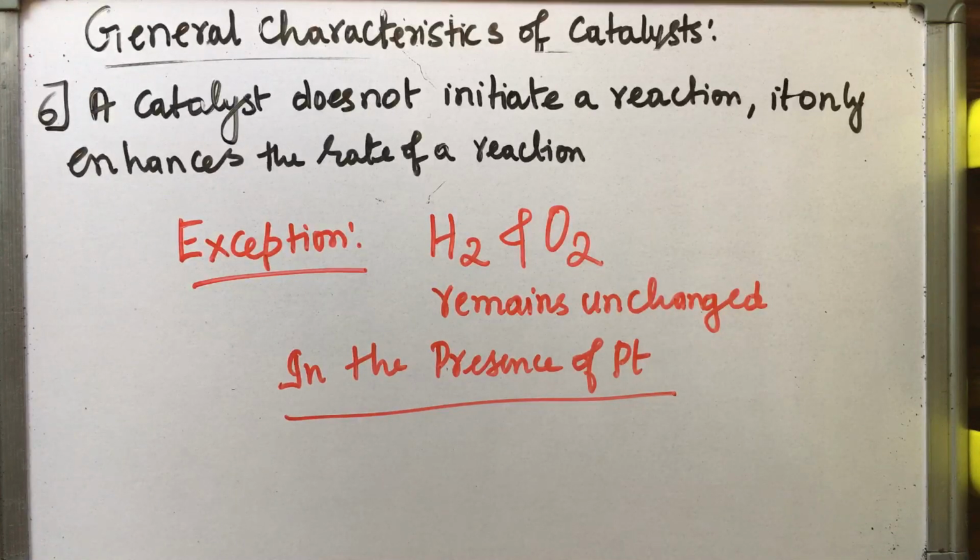When sulfur dioxide is oxidized into SO3 in the presence of NO2 gas as catalyst, NO2 is regenerated during the reaction. Second point: a catalyst does not affect the equilibrium constant. It helps only to attain the equilibrium quickly. It increases the rate of forward and backward reaction to the same extent.